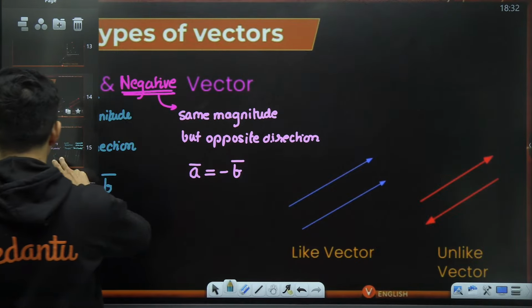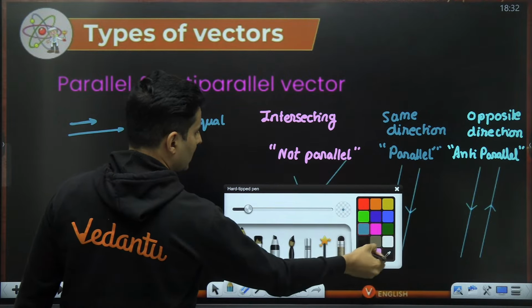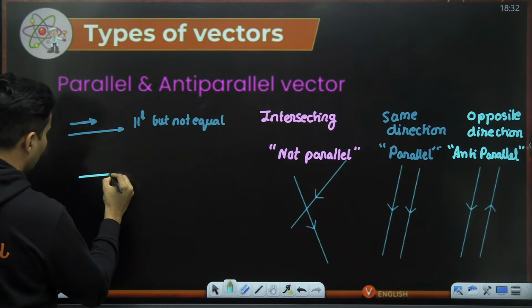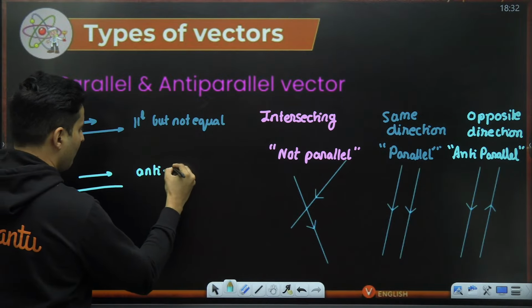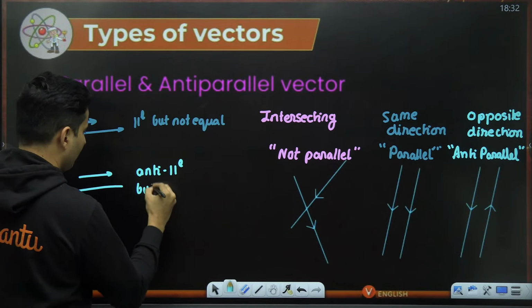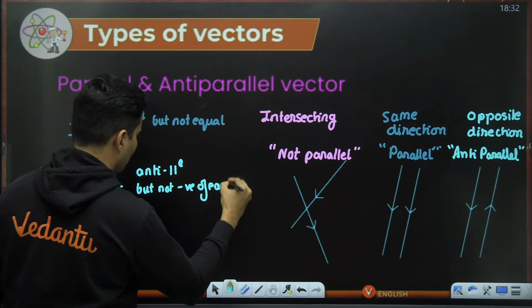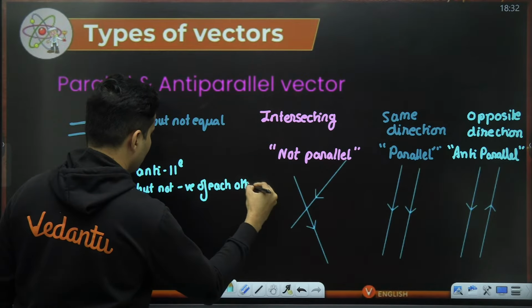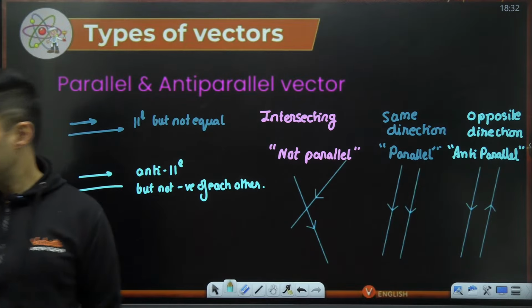Take this particular example. This vector and this vector are 100% anti-parallel but not negative of each other, as you can see, because they are not necessarily of the same magnitude.